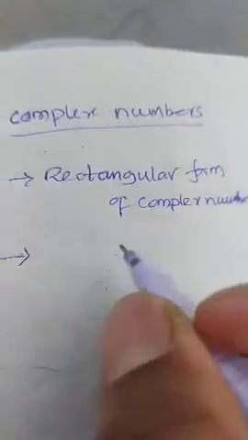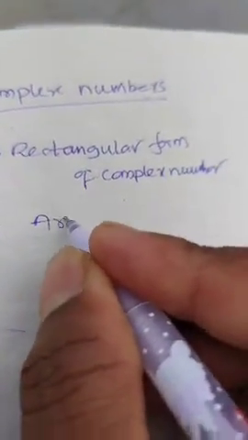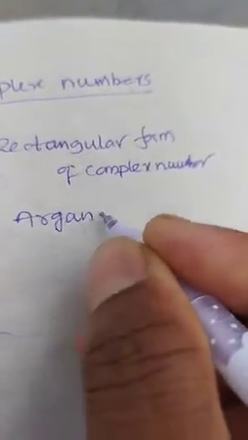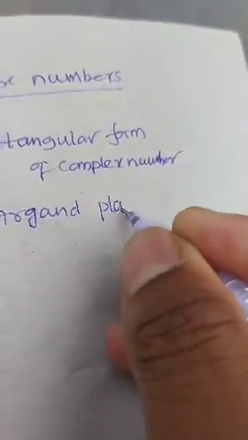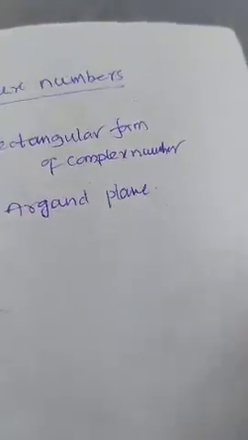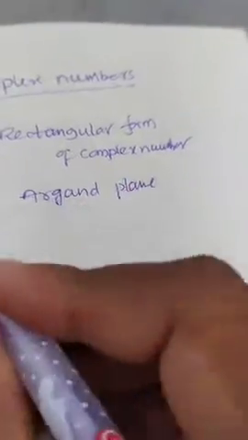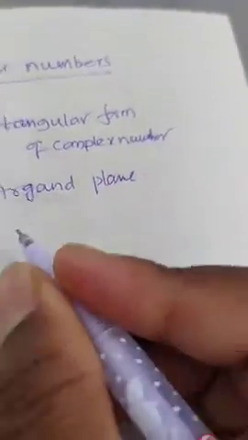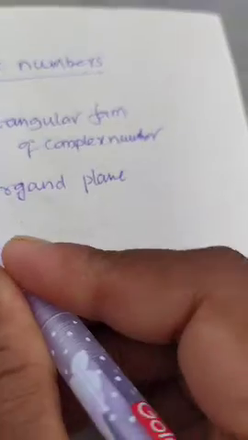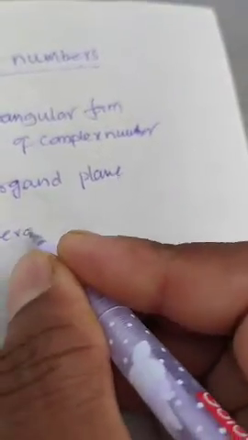Second one, Argand plane. Already I explained what is the Argand plane. Let me recall again. Next, third one is operations on complex numbers.